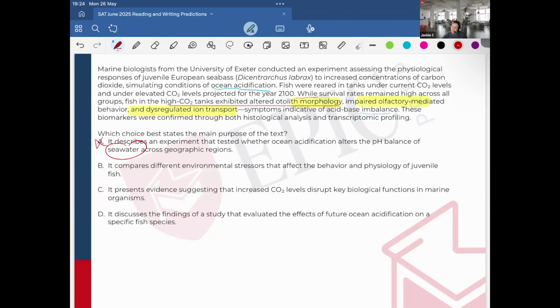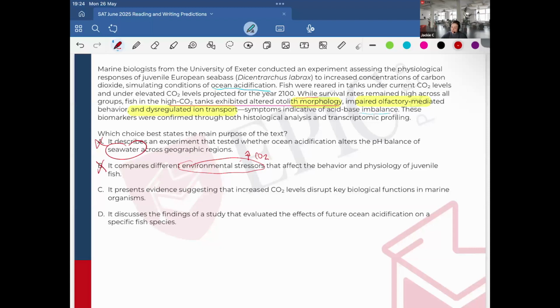Well, different environmental stressors? They only focused on one stressor, which was high CO2, aka ocean acidification. So there was no comparison of multiple stressors. I would call that an inaccurate scope expansion on the SAT.